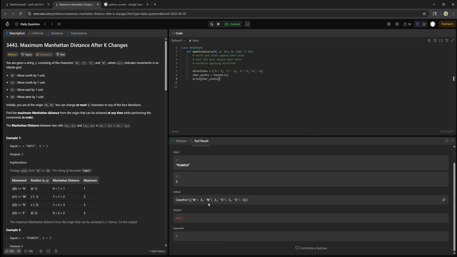And what I'm thinking of for a solution is we just want to minimize opposing directions, or opposite directions, yeah.